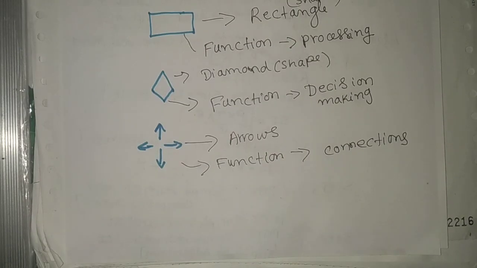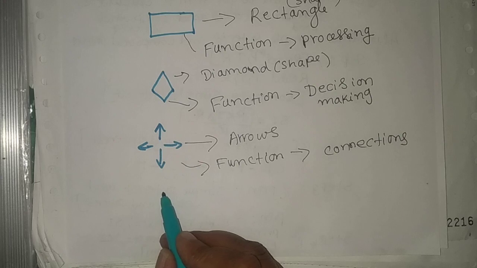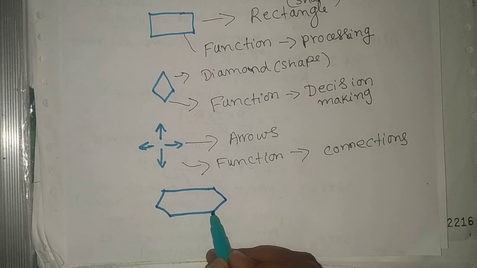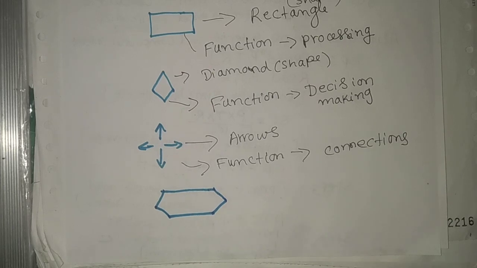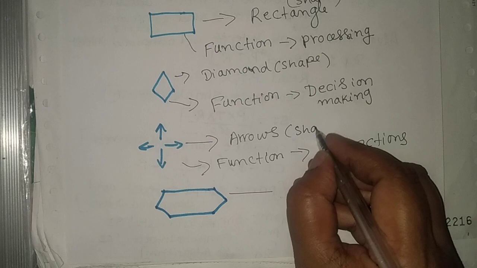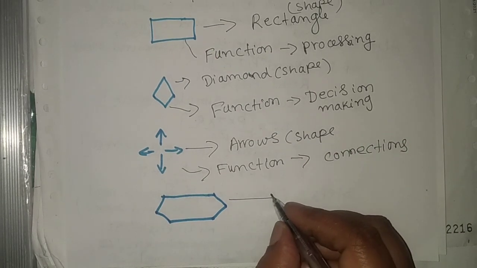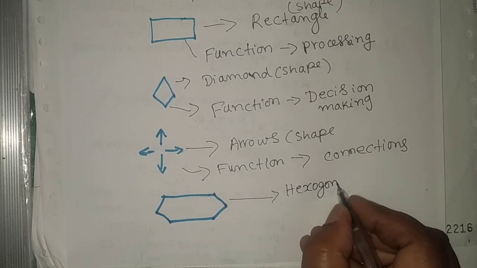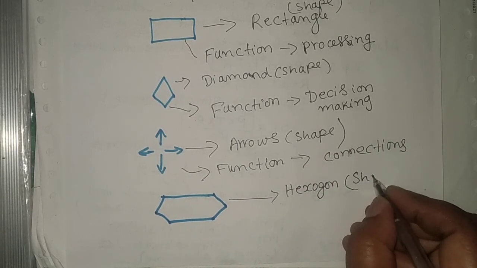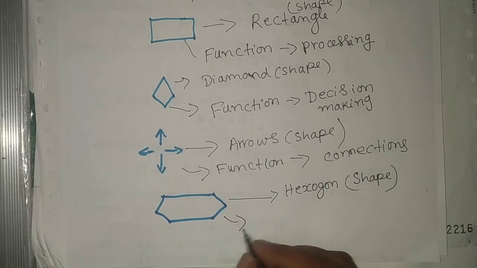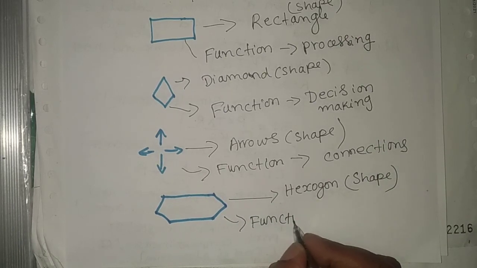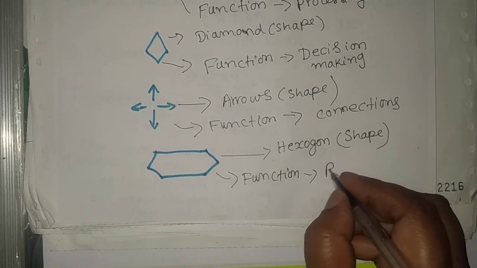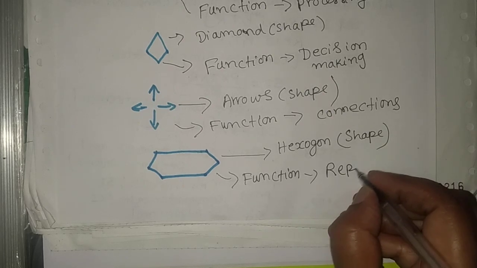So next, last one is hexagon. This is a hexagon. The shape is hexagon. This comes under shape. Then function is looping, or repeating, repetition.